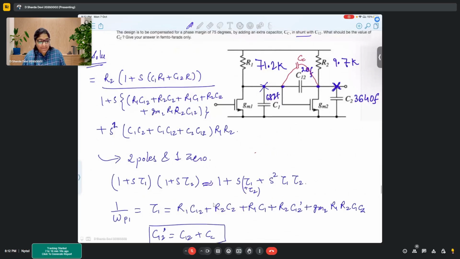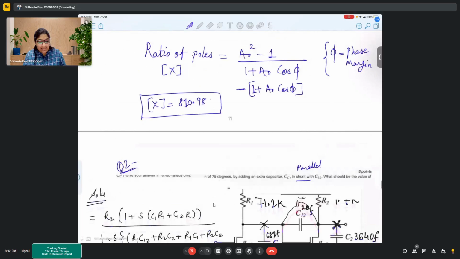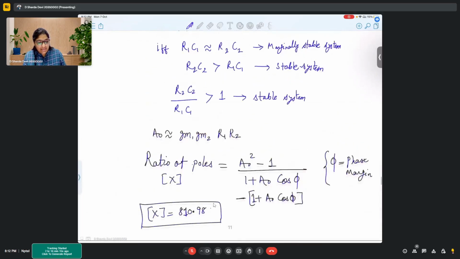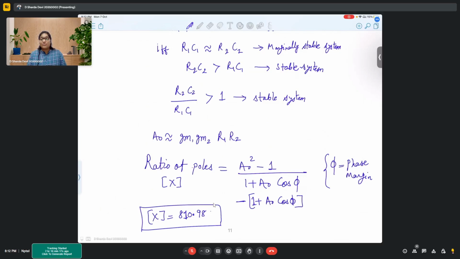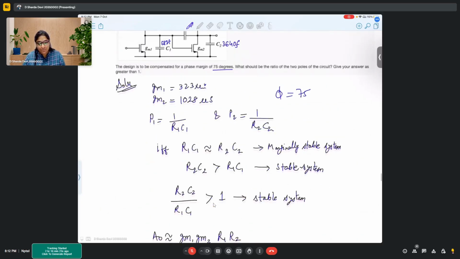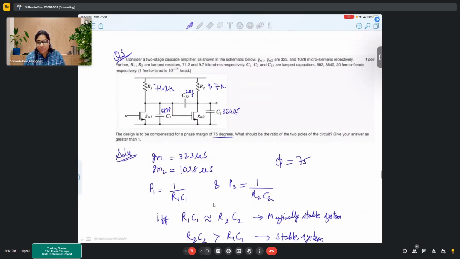And in the first problem, we were finding the ratio of the poles by using the phase margin. So you can go through these problems once again. And these formulas have been discussed in the lectures, so you can go through the lectures as well.